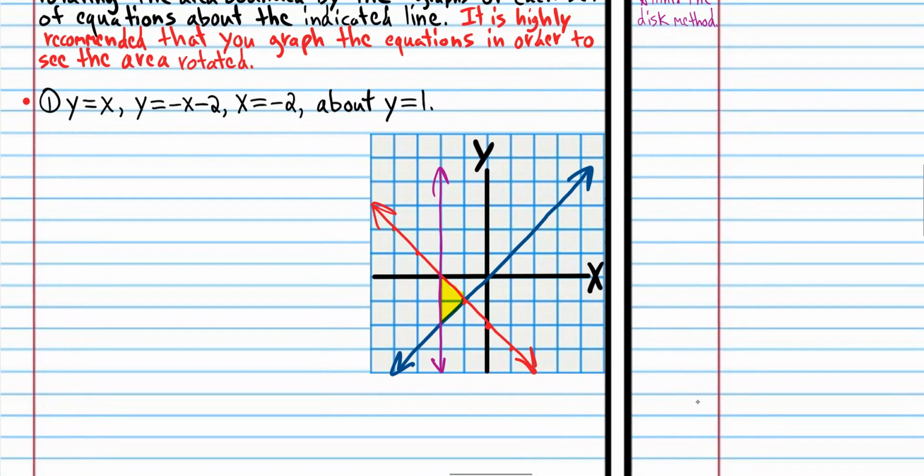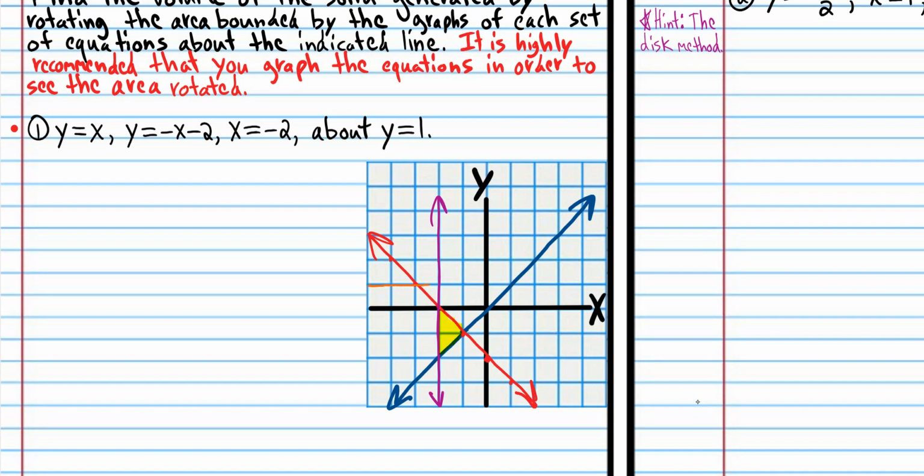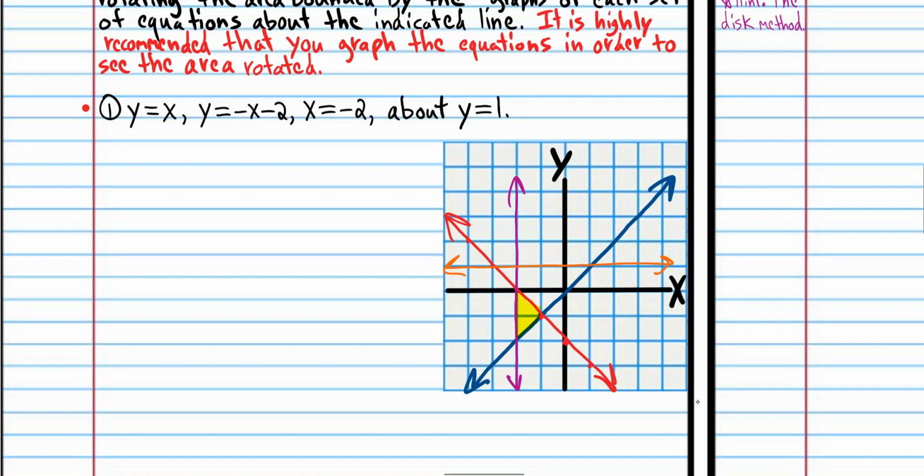And then we want to rotate about y equals 1. So y equals 1 is this orange line here. And when we rotate, we're going to get the following shape.